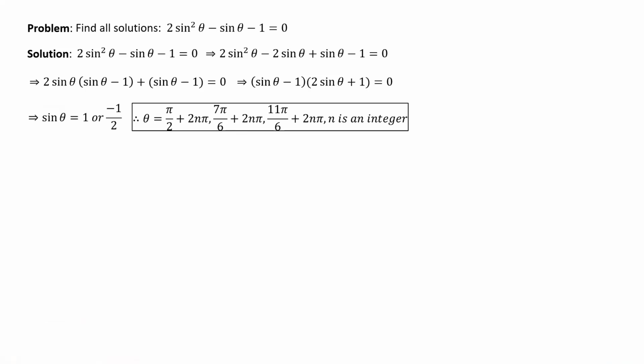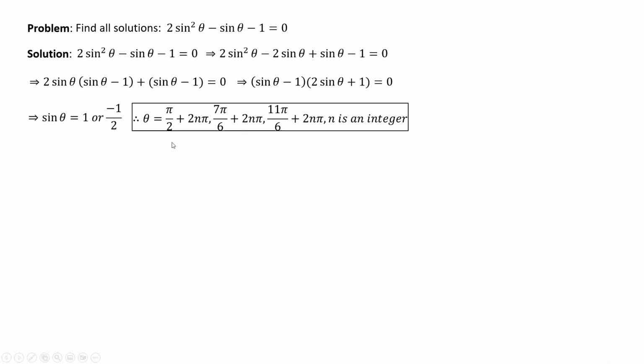So when you factor out, you get a 2 sine theta plus 1, and so sine theta equals 1 from the first, and 2 sine theta plus 1 equals 0 from the second. If you solve that, you subtract 1 from both sides and then divide by 2, and you get sine theta equals negative 1/2. So corresponding to sine theta equals 1, we know sine of pi over 2 equals 1.